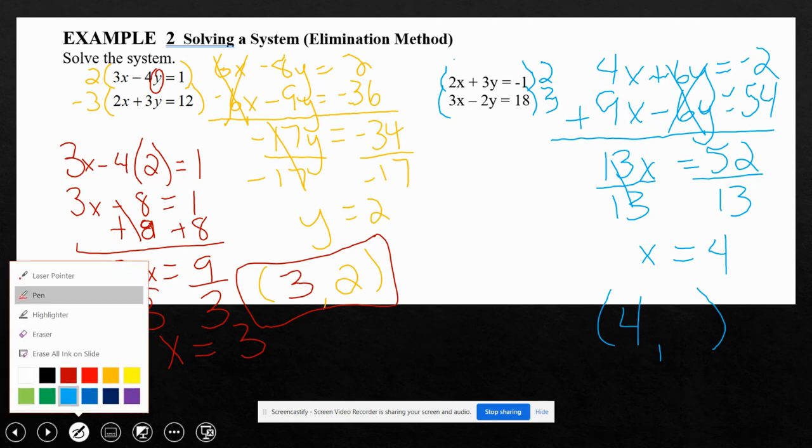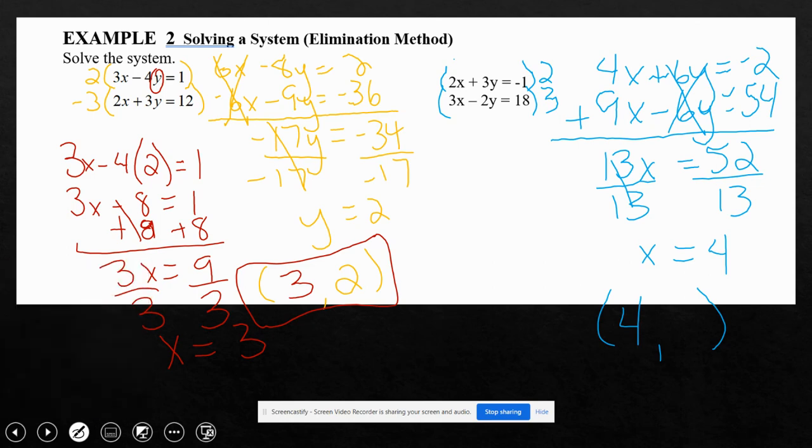From there, I'm going to go ahead and plug that in to one of my original equations to solve for y. Let's put it in the bottom equation this time. 3 times 4 minus 2y is 18. That's 12.